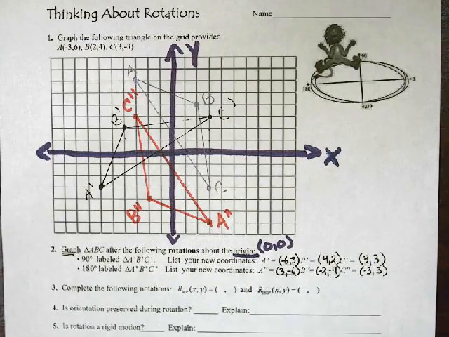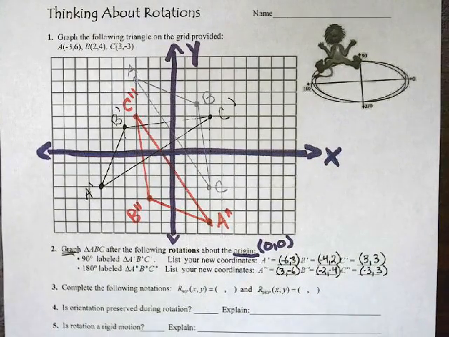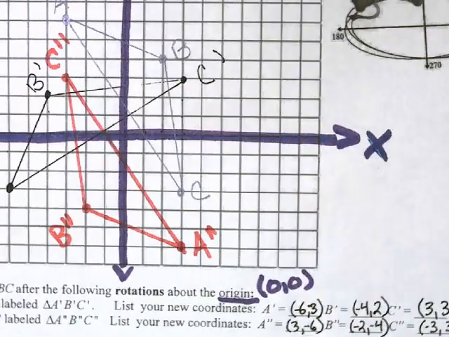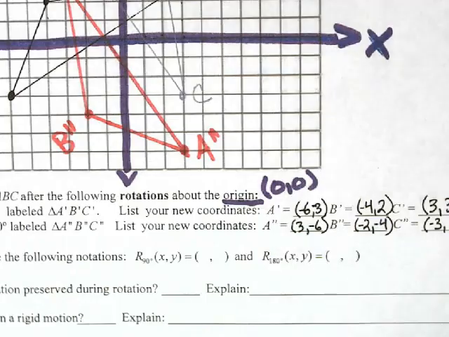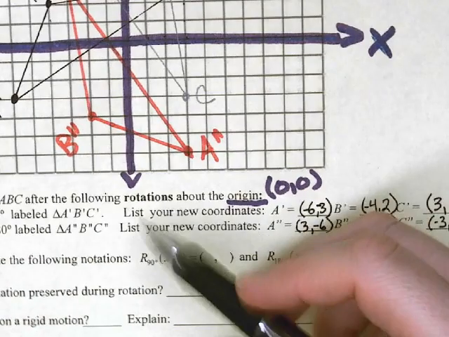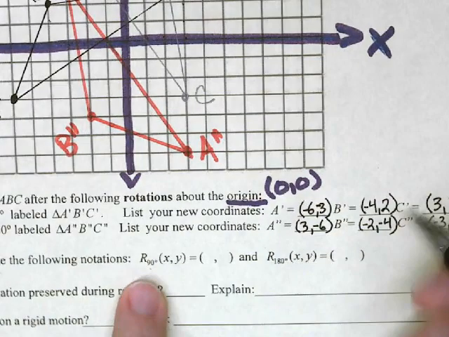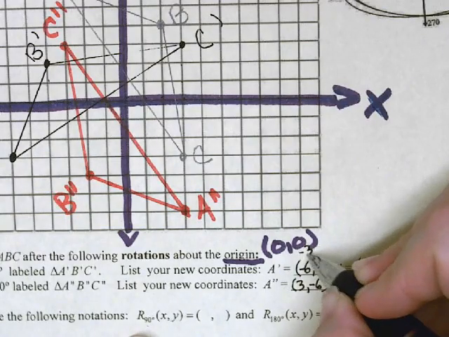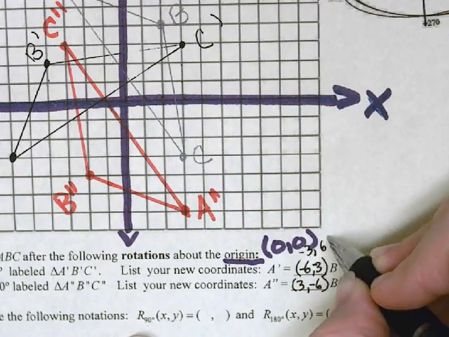Okay. So now we're going to actually complete what the main rule is for rotations. Now if we're going to rotate it 90 degrees, looking at a rotation of 90 degrees, remember, that was the counterclockwise rotation. So the original A was -3, 6.